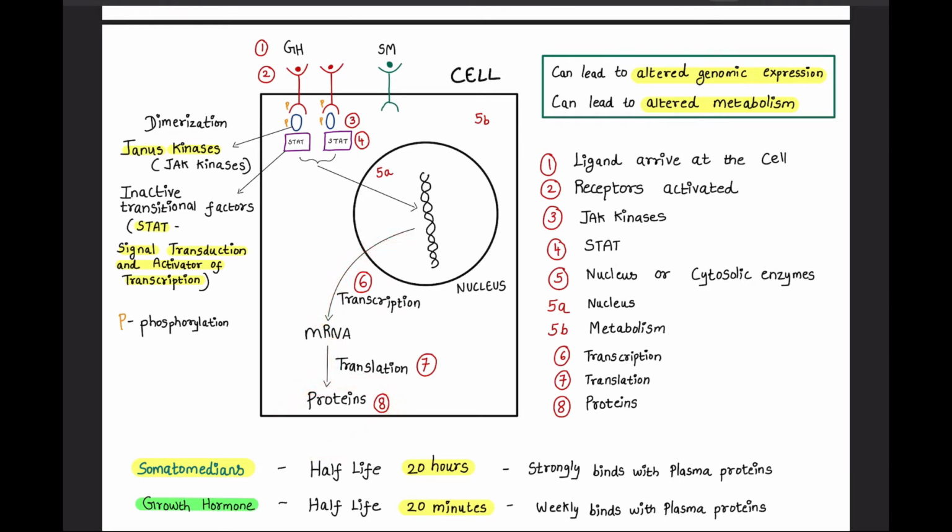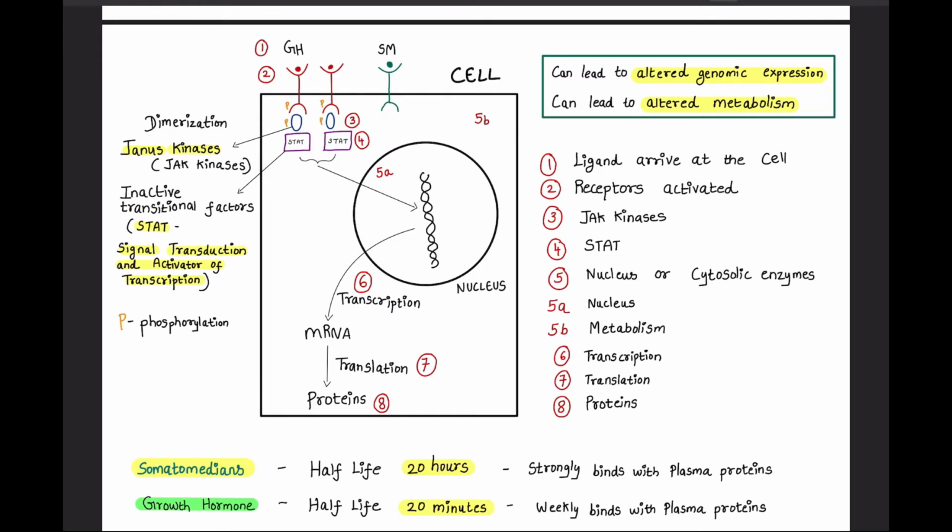And this STAT will not only act on the DNA of the nucleus, some STAT will also go into the cytoplasm of the cell, so there will be changes in the metabolism of the body too.